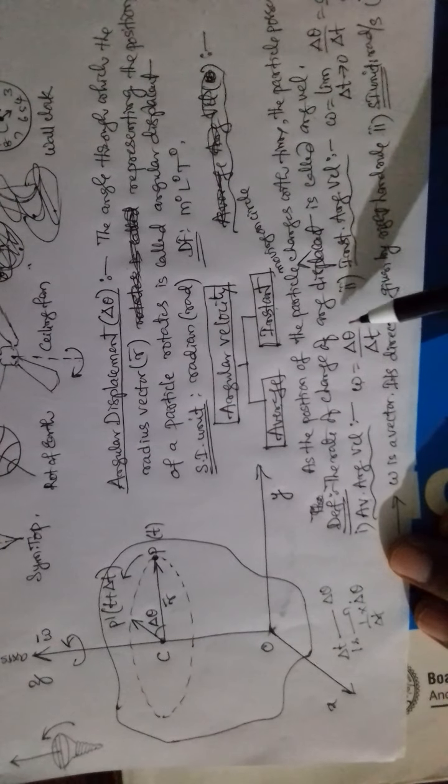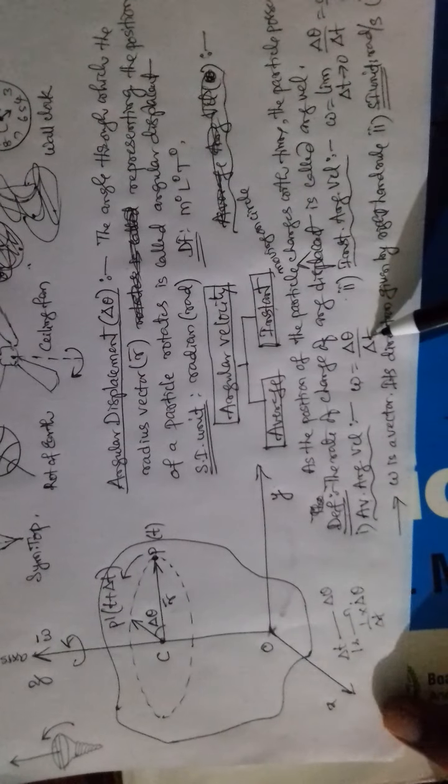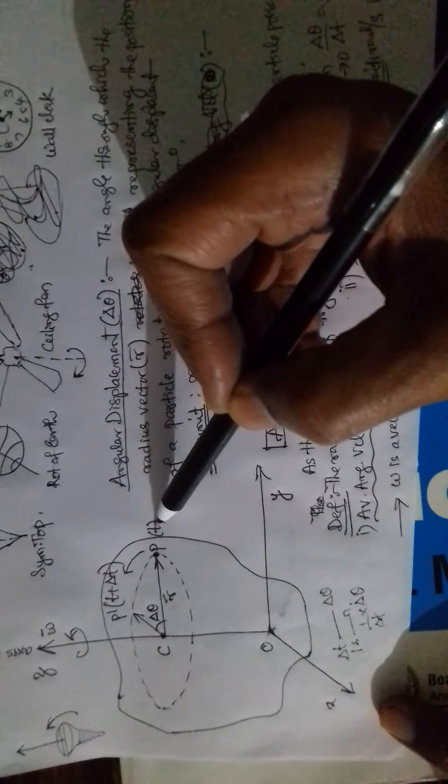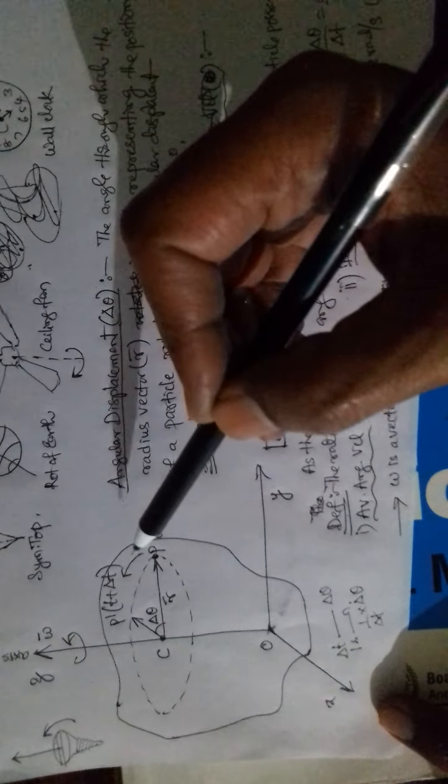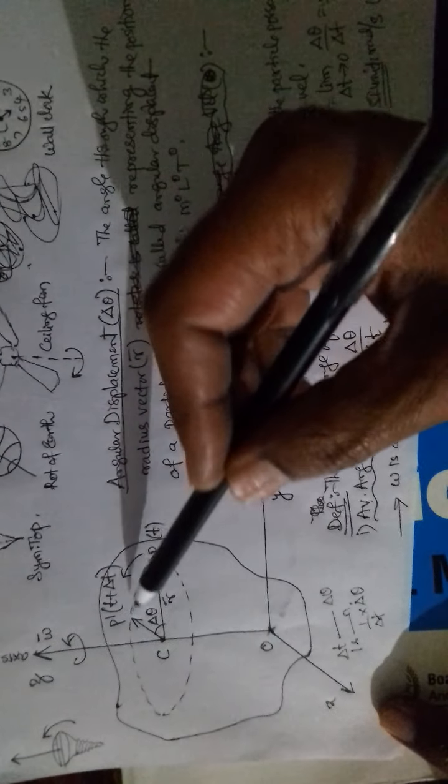Now, in particular, average angular velocity. This is defined as omega is equal to delta theta by delta t. See here, the particle is here at time t, and after delta t seconds it came here. It means in delta t seconds it moved through delta theta angle.